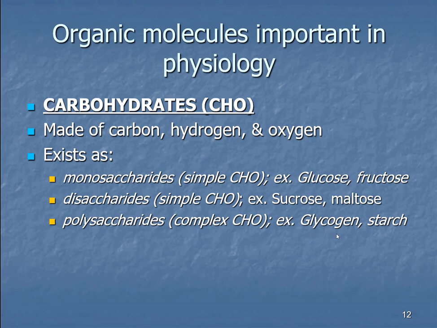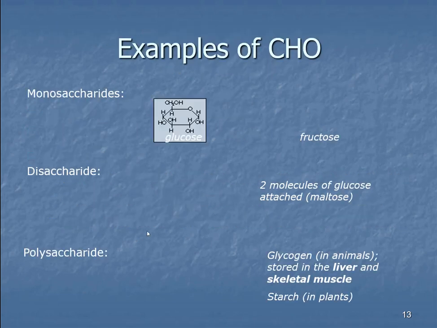Polysaccharides: glycogen, which is how we store carbohydrate in the body, and starch, which is a plant form of a long chain of monosaccharides. So let me show you a picture, and I think this will make a little more sense.